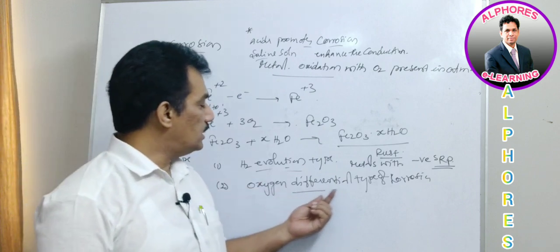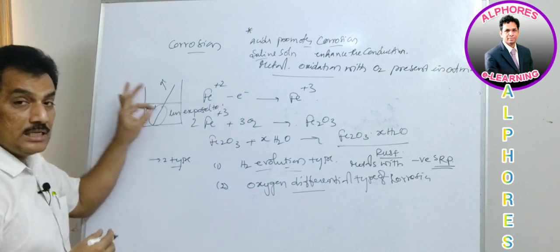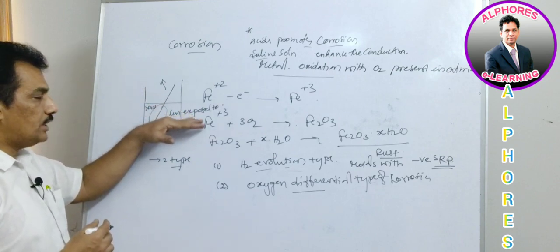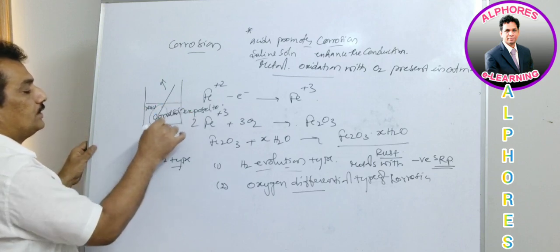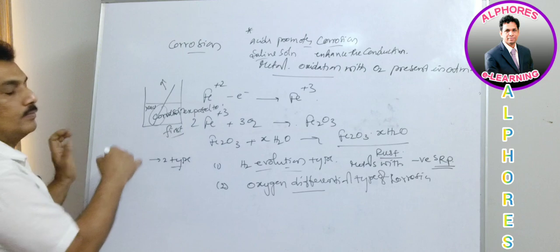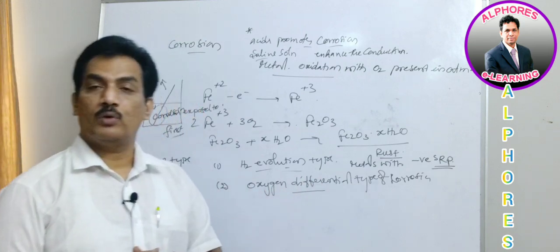As per oxygen differential type of corrosion, the part of the metal that is less exposed to oxygen will corrode first. Here the corrosion starts first. Clear? That is oxygen differential type of corrosion.